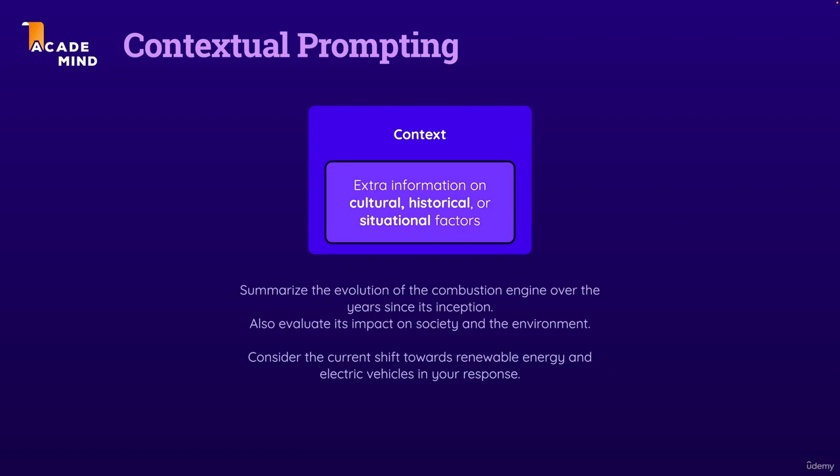And that's the part where I do provide some extra historical and situational context, because otherwise ChatGPT might focus on the history of the combustion engine without taking the current changes that are taking place into account. And with that extra paragraph added here, that's hopefully different.